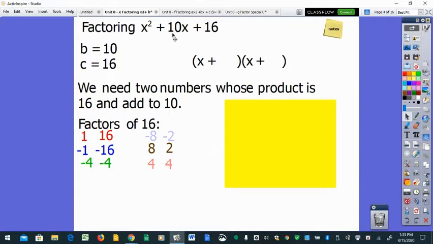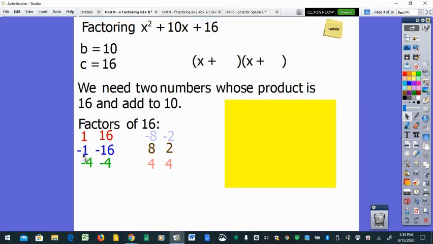Here I have given you a quadratic trinomial. Its highest degree is 2. It has 3 terms. It's called a quadratic trinomial. The a in this case is 1. At least for today, it's 1. The b is a positive 10, and the c, the constant, is 16. Now remember what we just said. We need two numbers that multiply to 16.